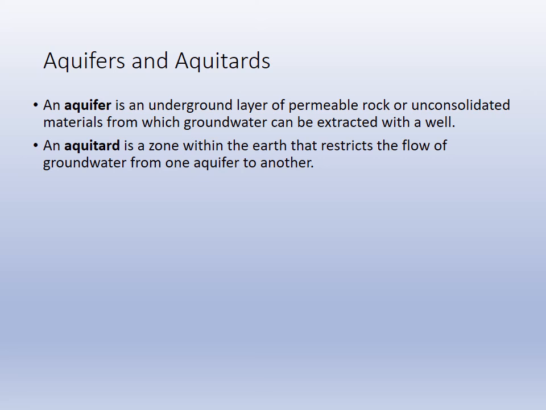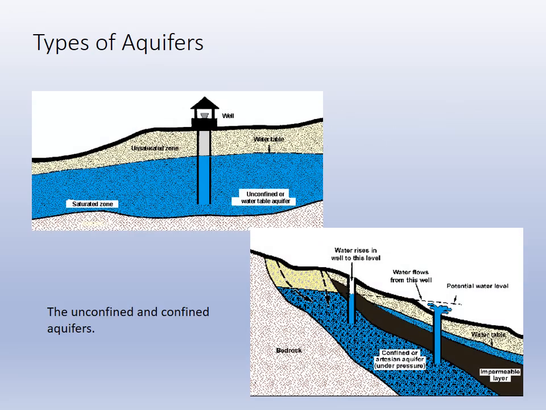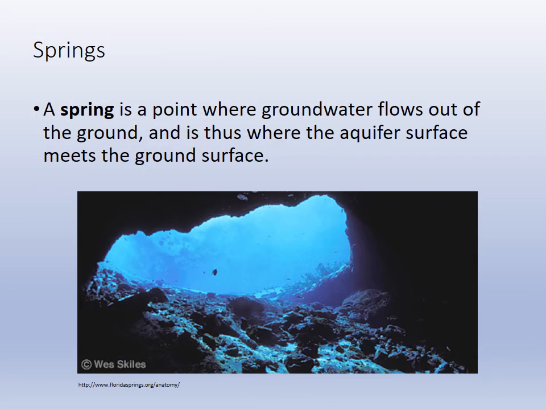Aquifers and aquitards are what confine our groundwater. By the way, potable water is what we call usable by humans. So there is an unconfined aquifer and a confined aquifer. A confined aquifer has impervious bedrock all around it, and an unconfined aquifer can flow uninhibited. A spring is where the water table is above the ground and the water flows out of the ground.